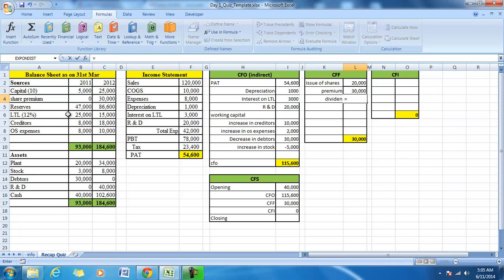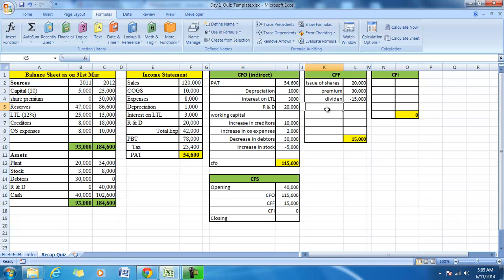So the dividend is equal to opening reserve plus the current PAT minus the closing reserves, but the dividend is a payment. So to that extent we have paid dividend. So the distribution of profit during the period is minus 15,000.